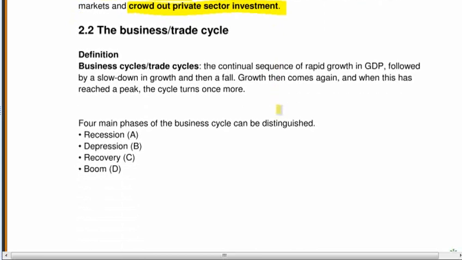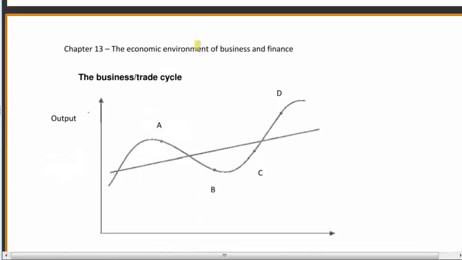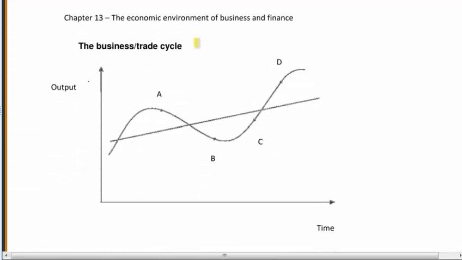Now, section 2.2, the trade cycle or the business cycle. There's a lot of talk about this in the news almost constantly. It's the whole sort of boom bust idea. So have a little look at this diagram, where here's time, and this is gross domestic product, perhaps, and this straight line represents a sort of trend growth rate.